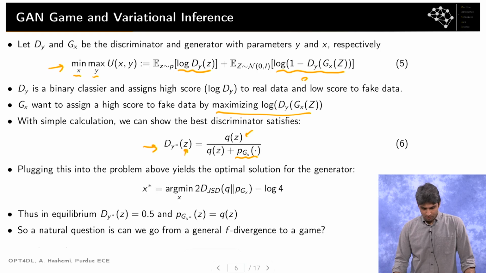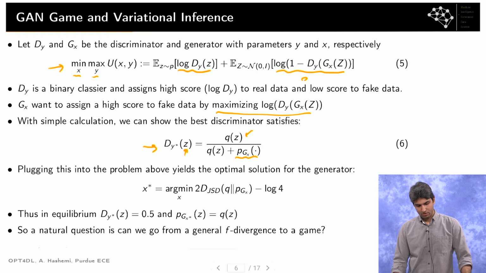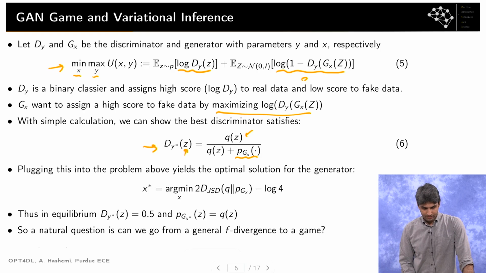All right. Now what we can do is plug this into our problem, equation 5, and find the optimal strategy for the generator. What's the best generator? If we do that, we're going to see that the optimal strategy for the generator is given by equation 7.